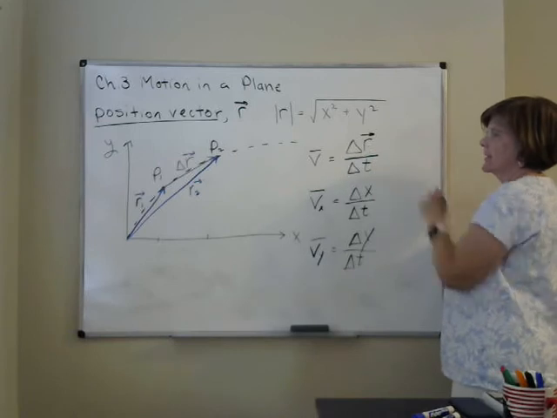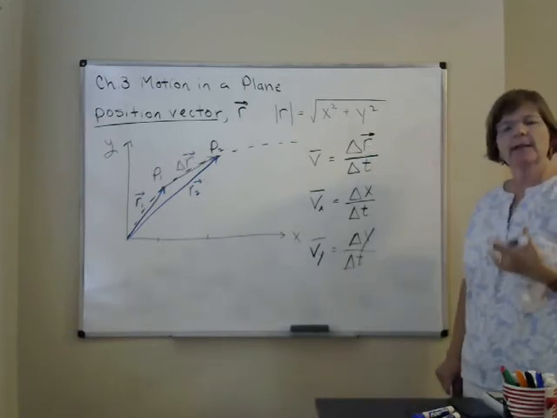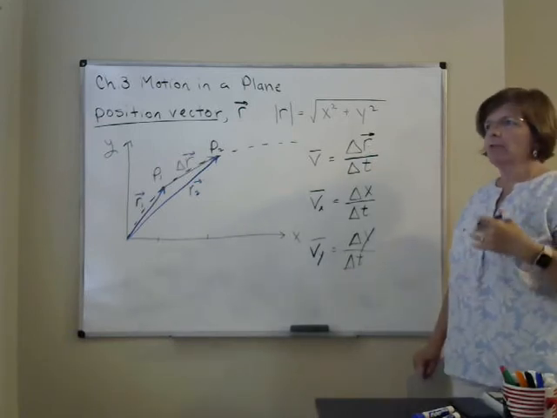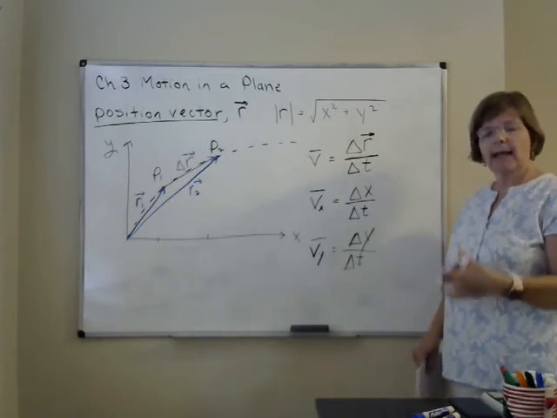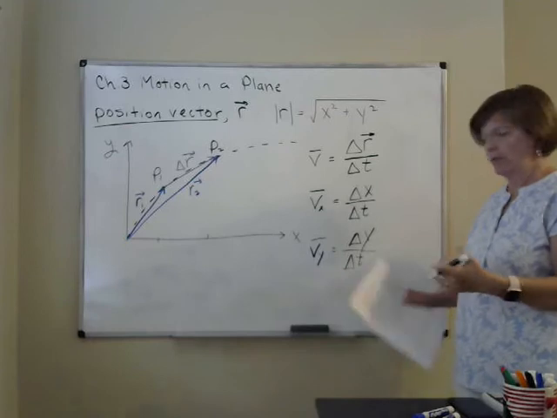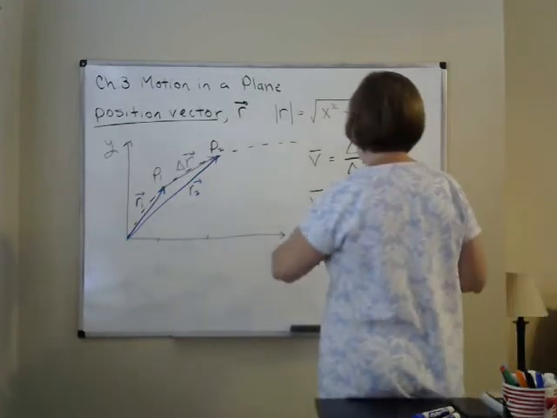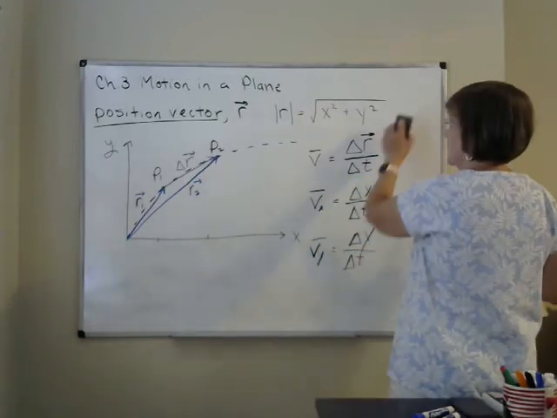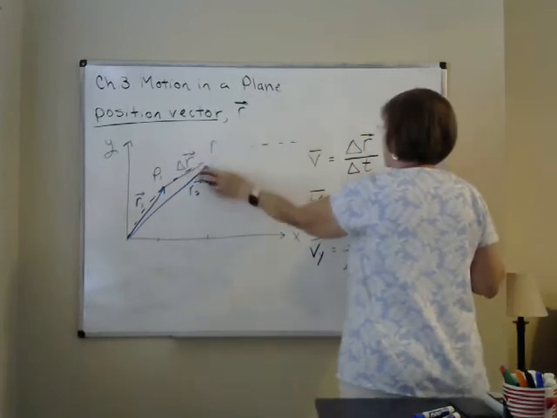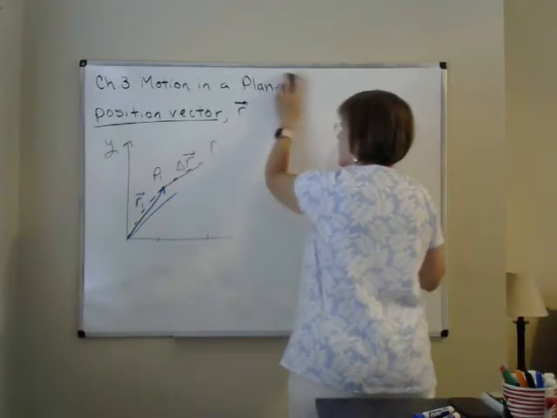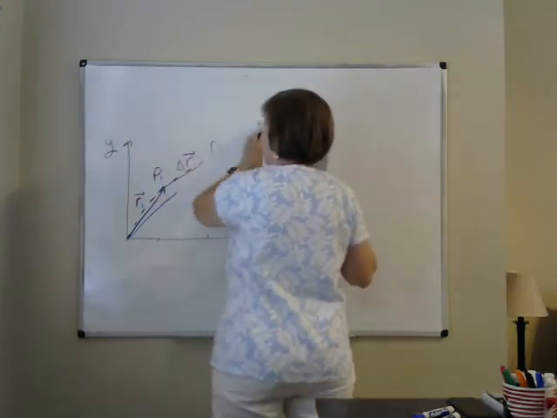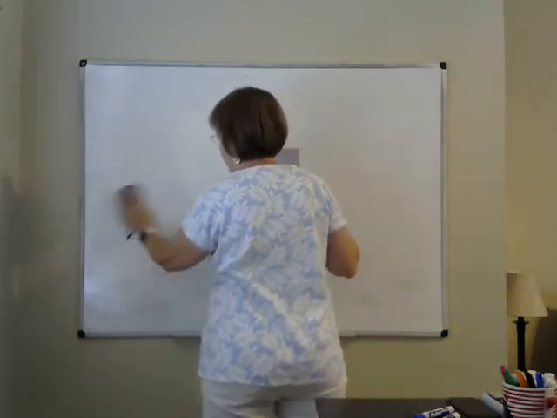It's going to point in the same direction as the displacement, and that makes sense. If you're traveling northeast, that's your displacement. You would expect an average velocity to be to the northeast. Now, if I want to get an instantaneous velocity, all I have to do is make that time interval very, very, very short.